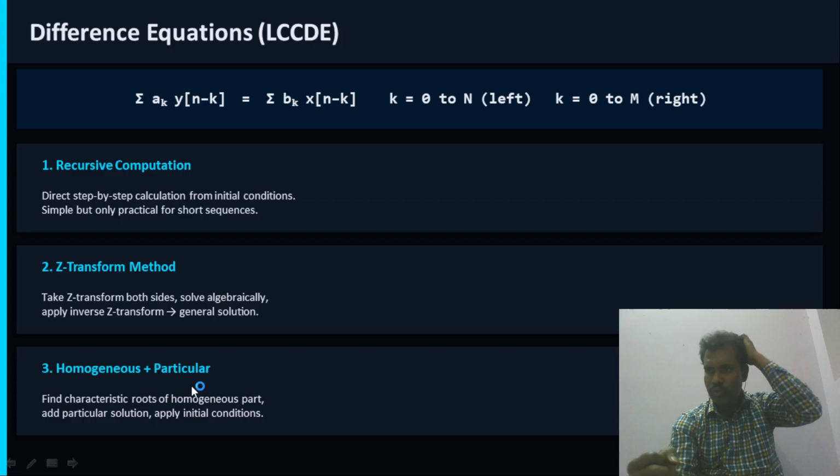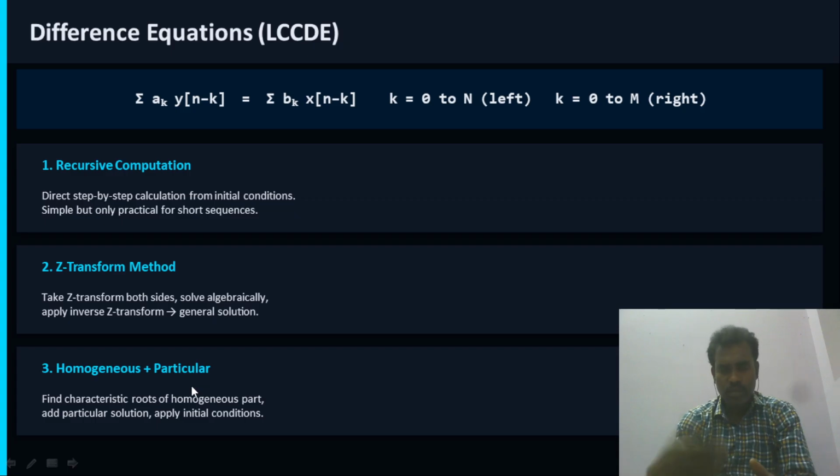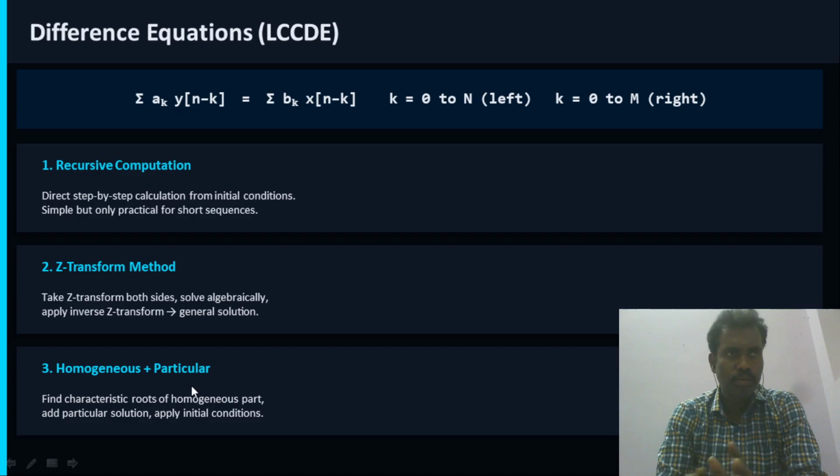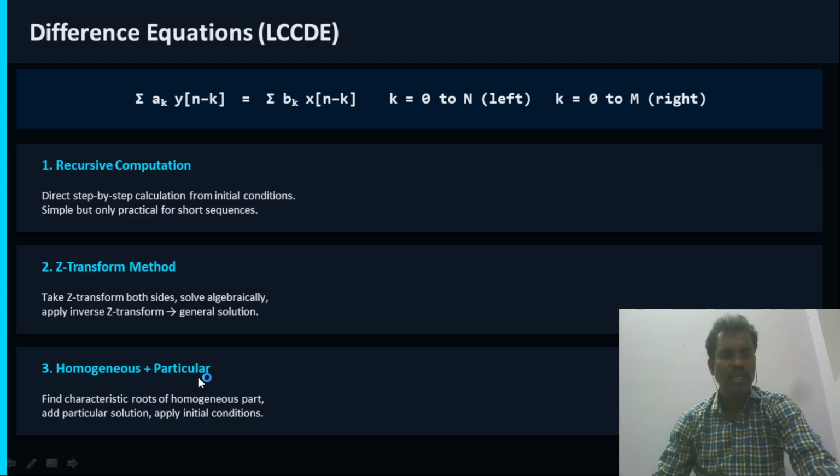When I apply the input, the response is added to the previously available response. That is the zero input response. Without input it still has some output because of the previous state. So the homogeneous response means the zero input response: we do not consider the input, only the previous state. And the particular response means we consider all the initial states to be 0.